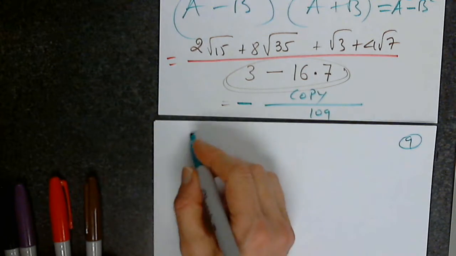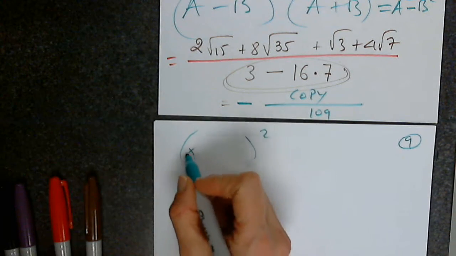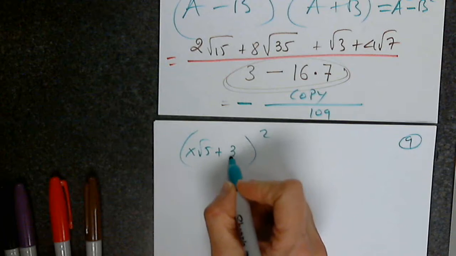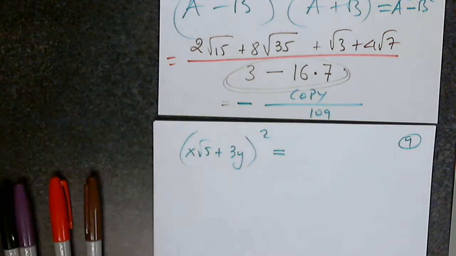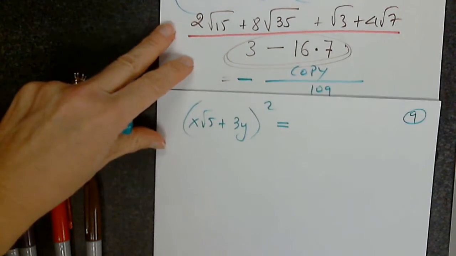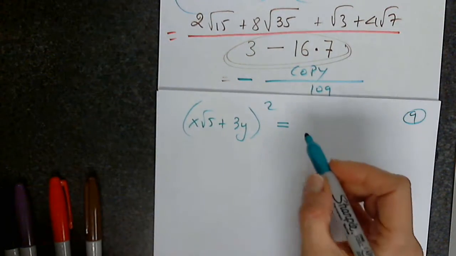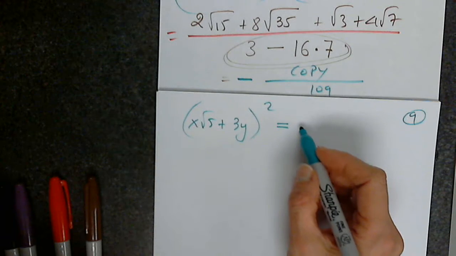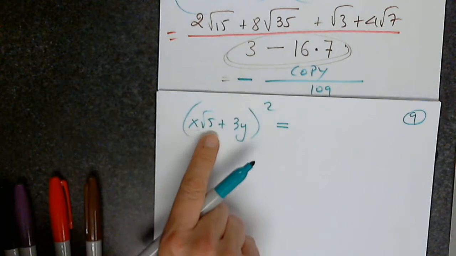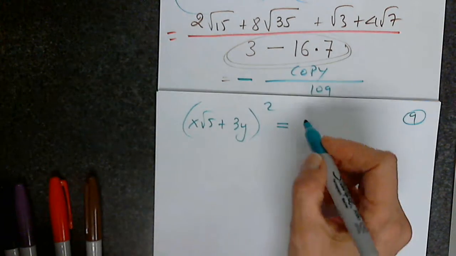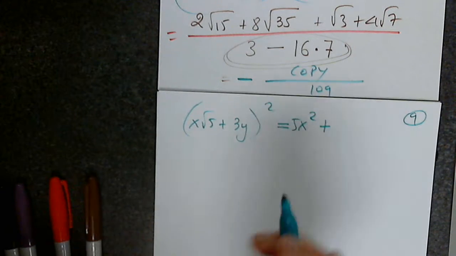Let's look at this squared. x the square root of 5 plus 3y. How many terms will you write? 3 terms, awesome. So let's square the first term. What do we get? So it's x squared and then 5. So 5x squared indeed. Plus.